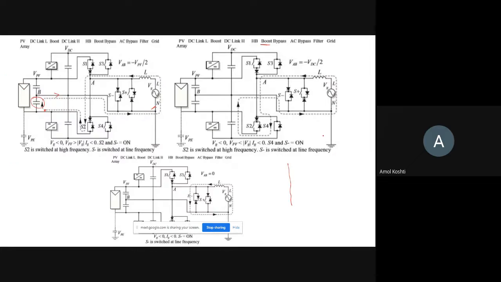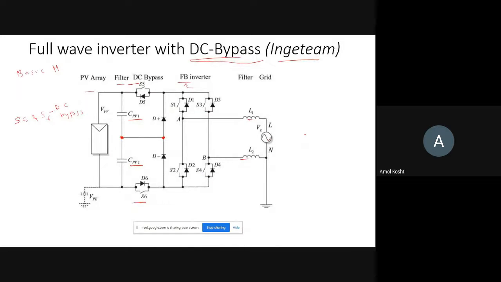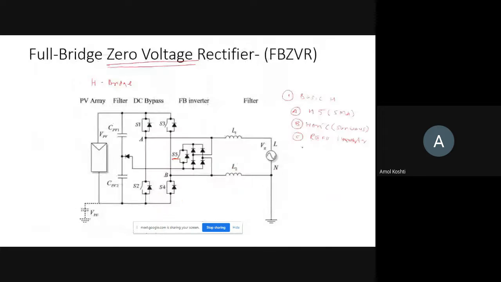After REFU, we studied the full wave inverter with DC bypass. And then the fifth one we studied is the full wave inverter with zero voltage rectifier.